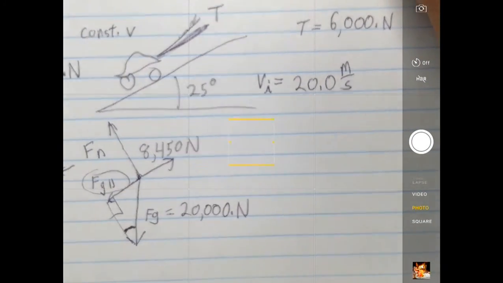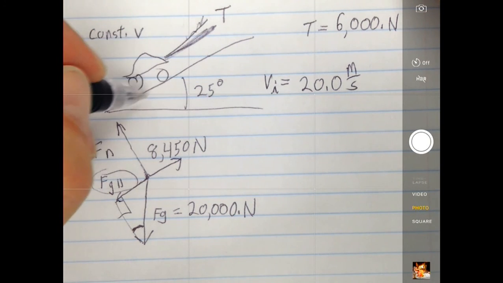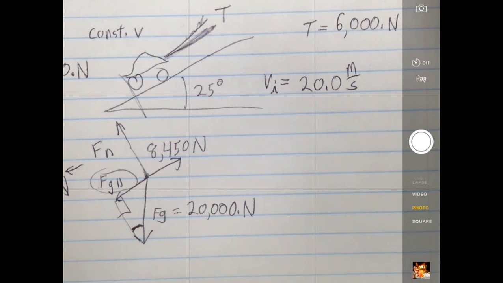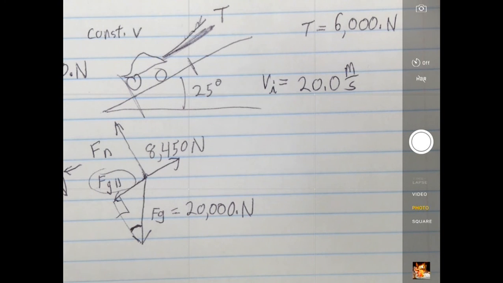As we've just calculated, as soon as we stop pushing it, that rope is going to break. And so my question is, from the point where the rope breaks, how far up the hill will the car coast before it stops?